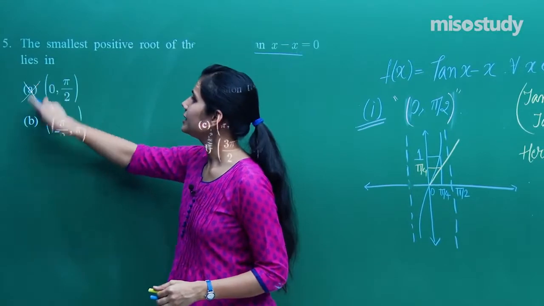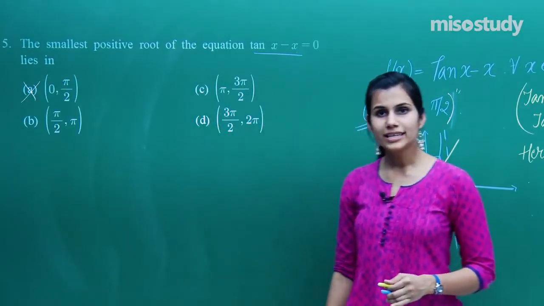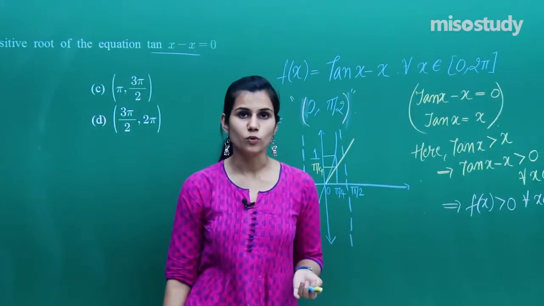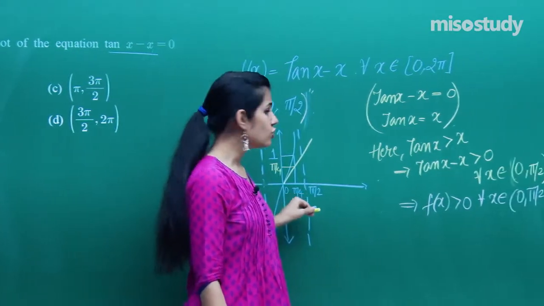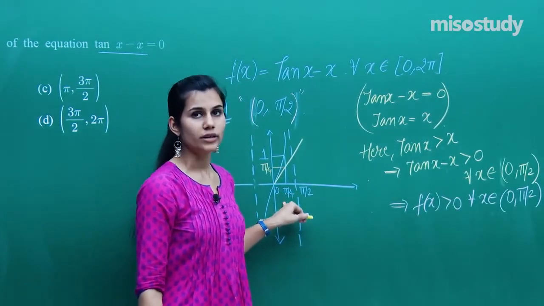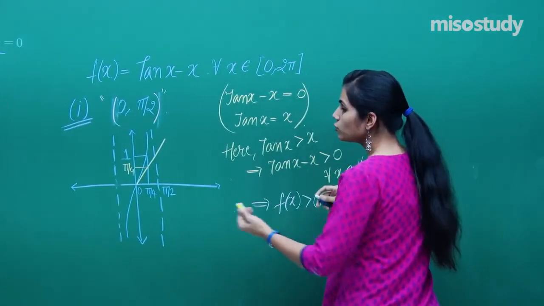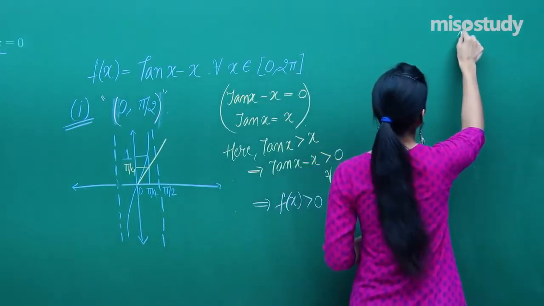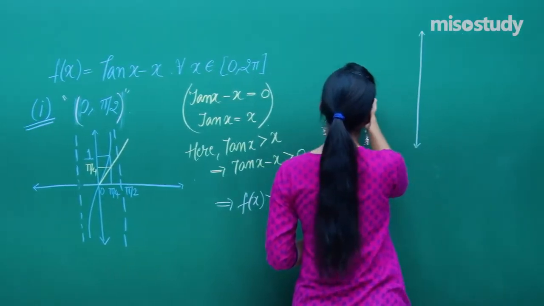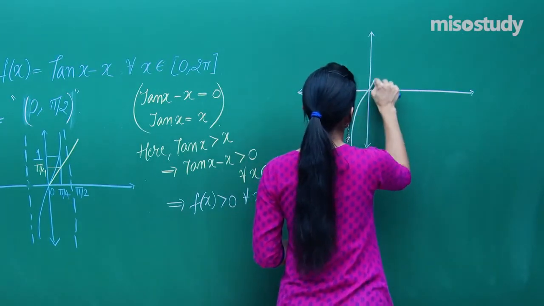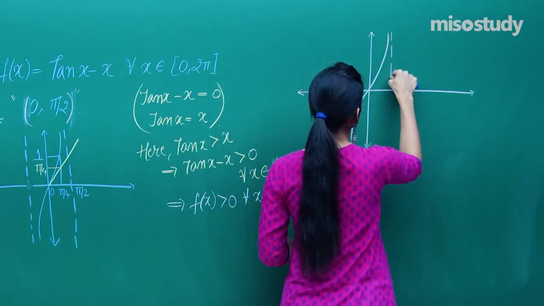There is no x in (0, pi by 2) where tan x minus x can be 0 or tan x is equal to x. Okay, and 0 is not included, mind it. 0 is not included. Next, if I talk about pi by 2 to pi, how does the tan function look?